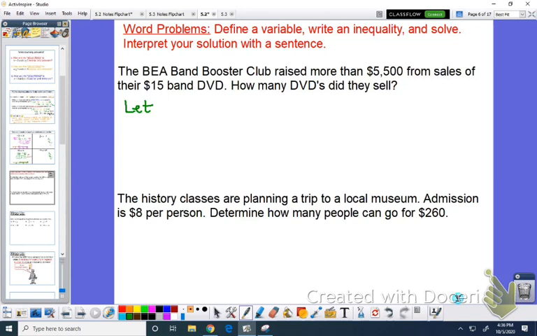So this is our unknown. This is the question that we're trying to find out. So I'm going to have let D equal the number of DVDs the Booster Club sold.